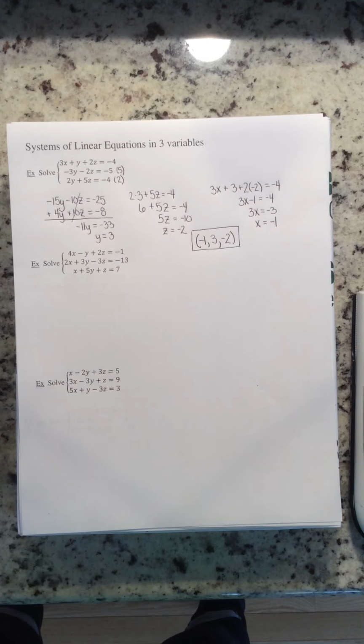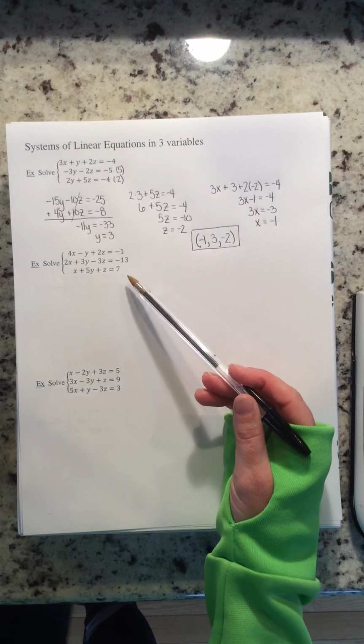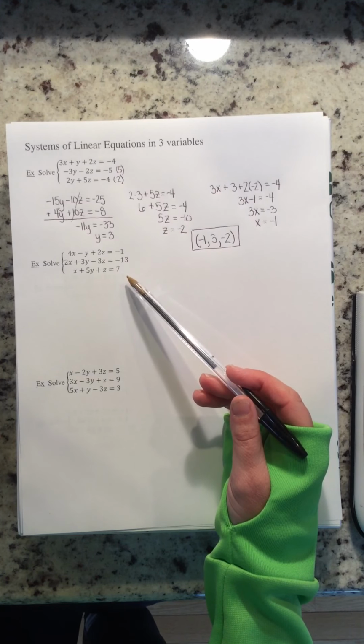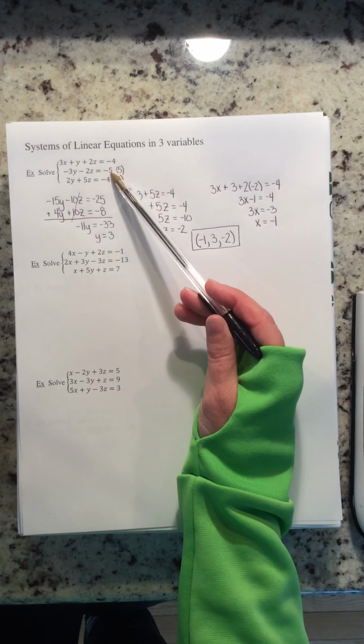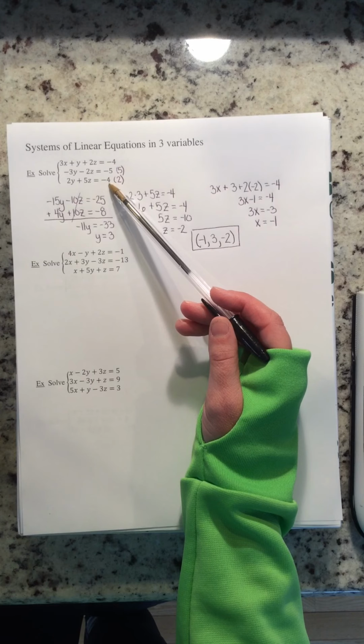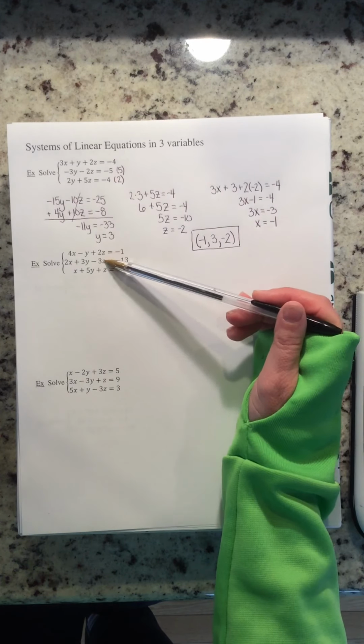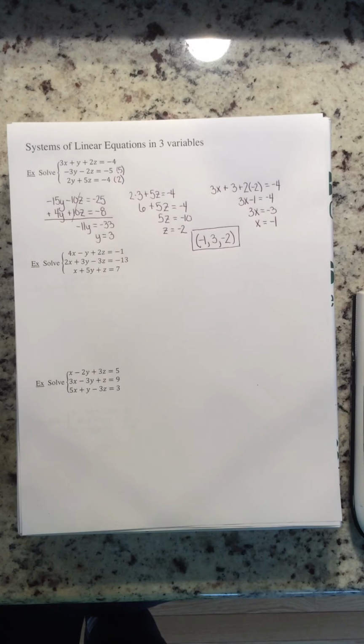Moving on to a harder system, like the one that we see here, what we're going to want to do is create a 2 by 2 system like we had here, so that we can then solve for the two variables in the 2 by 2 and then plug that back into any of the equations to find that third variable.